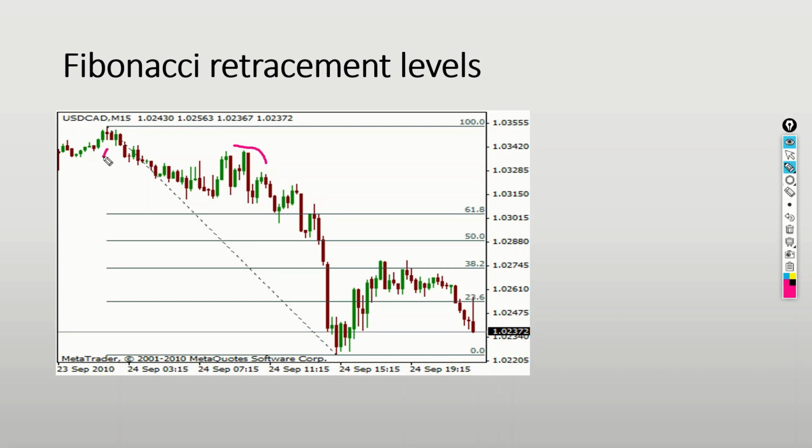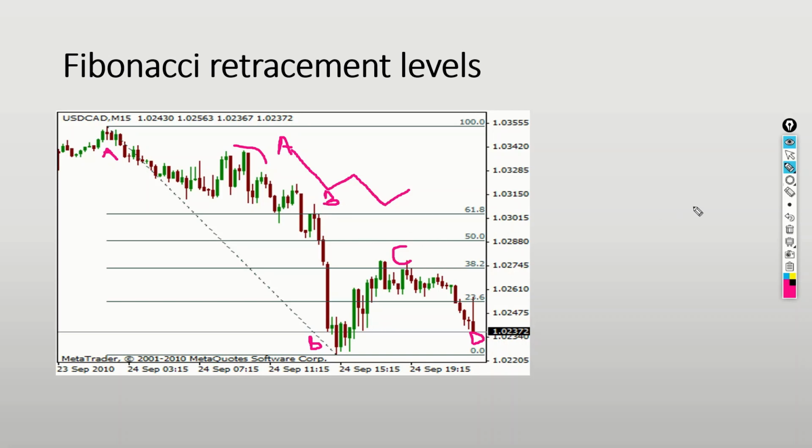Consider this point as point A, then point B, then this point C, and then down you shall form point D. We expect the market to move down, go up, go down, then go up.